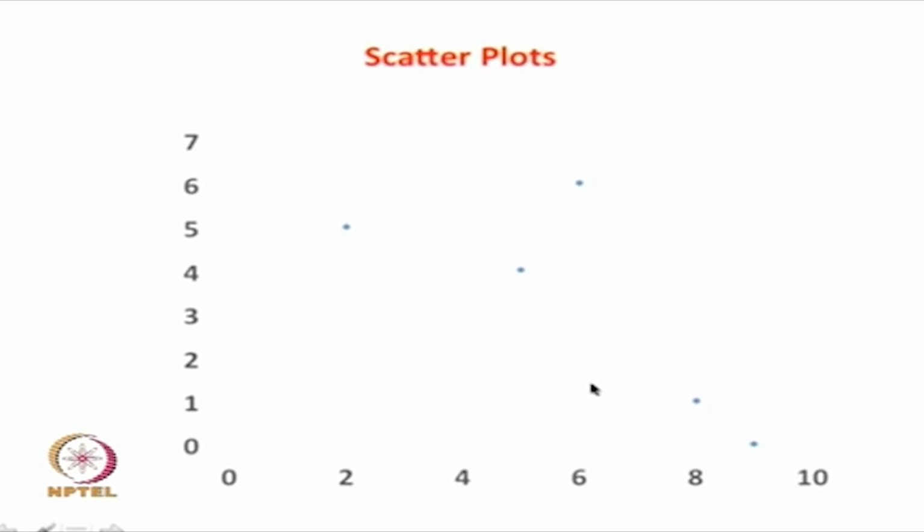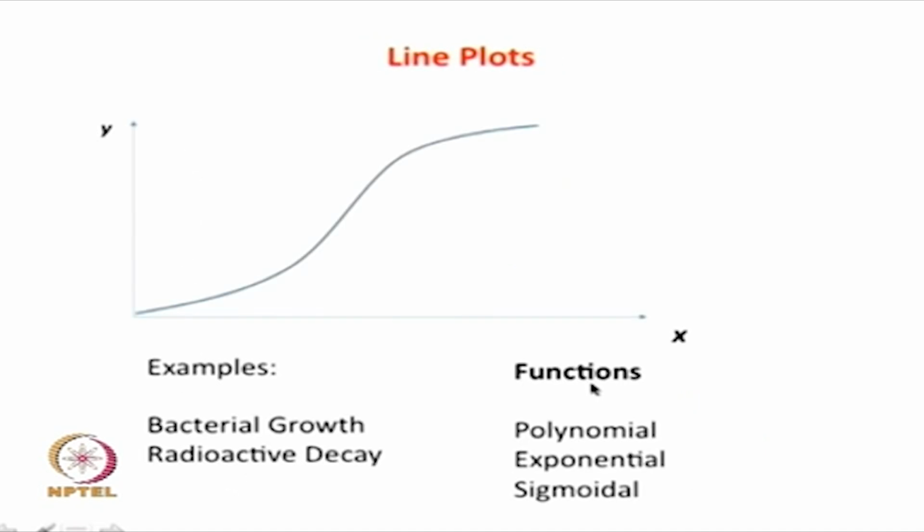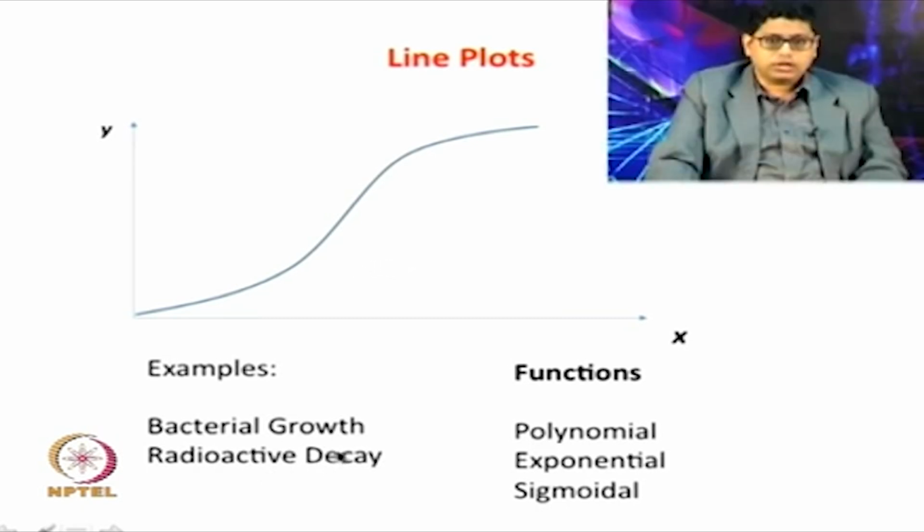Okay. But if you were to connect them, then you can generate what are typically called line plots. This is an example of a line plot where x and y I have plotted in a slightly S-like shape. These are reminiscent of bacterial growth curves, but you can have various functions which describe these line plots.